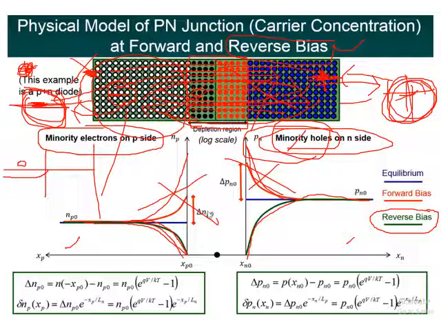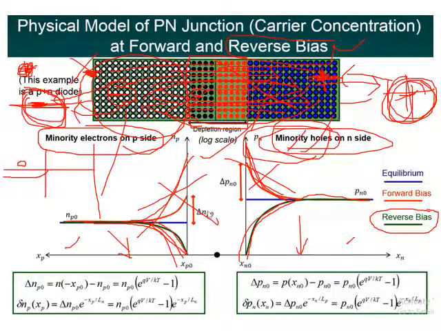So I hope this graph is very clear. This is about forward bias and this is about reverse bias. What is increasing in forward bias? Minority carriers are increasing in forward bias. Minority carriers are decreasing in reverse bias.